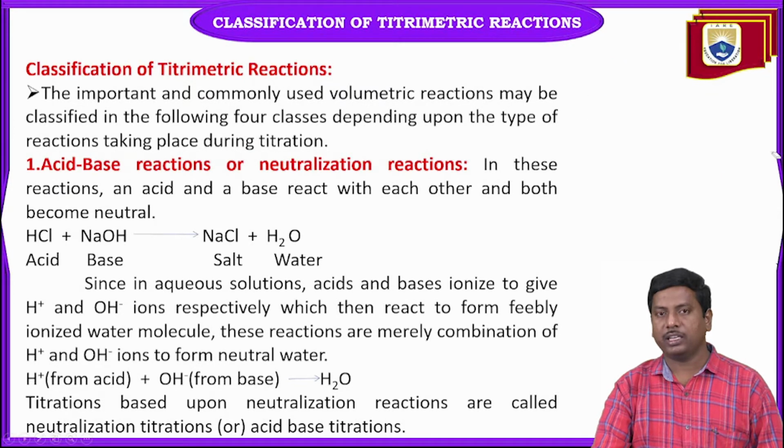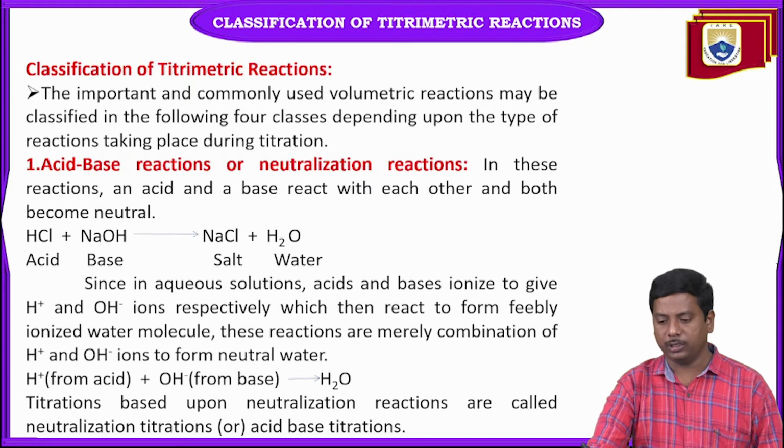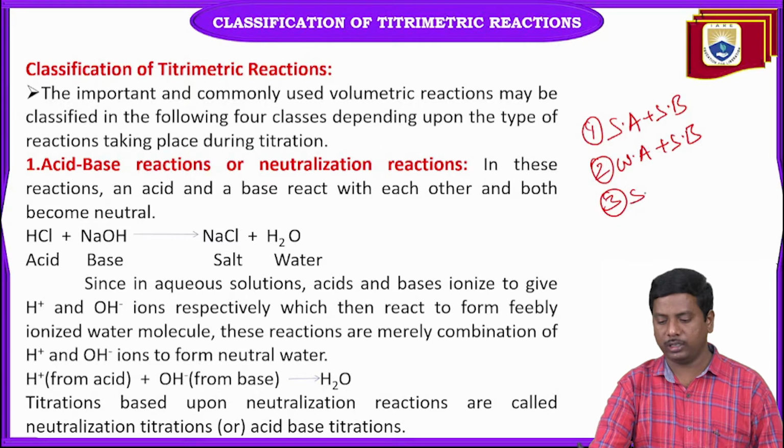Depending upon the type of acid and base reacting with each other, these are further classified into 4 types. One is strong acid reacting with strong base, the second is weak acid and strong base, the third is strong acid and weak base, and the fourth is weak acid and weak base.